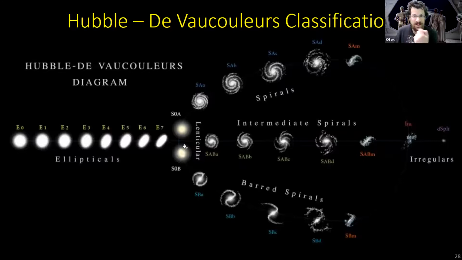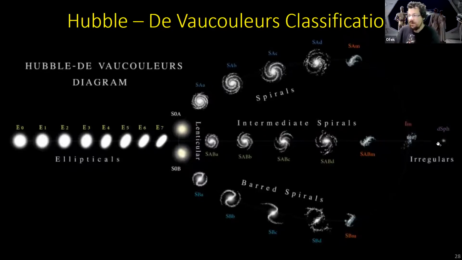Lenticular is lens-like, a shape of a lens, breaking off into the spirals, here shown more clearly, and again, growing complexity of the spiral arms. These are the A galaxies. Intermediate, which are starting to develop some sort of a bar, and the barred spirals, which have a very clear bar in the middle, the barred spiral galaxies.